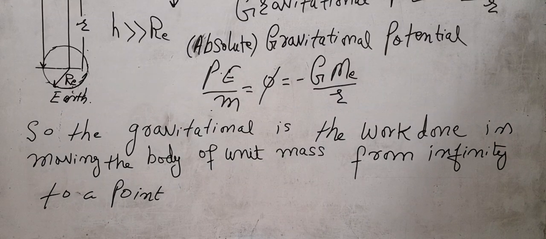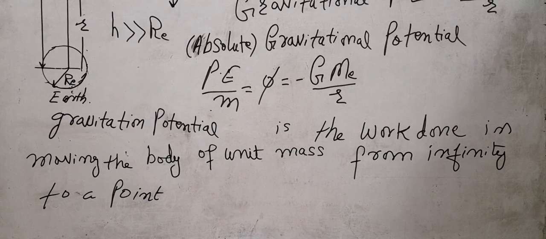Now let us talk about the absolute potential energy. The gravitational potential or absolute gravitational potential is the work done in moving a body of unit mass from infinity, where the earth's gravitational field becomes 0, to a point. Let us see how it happens.